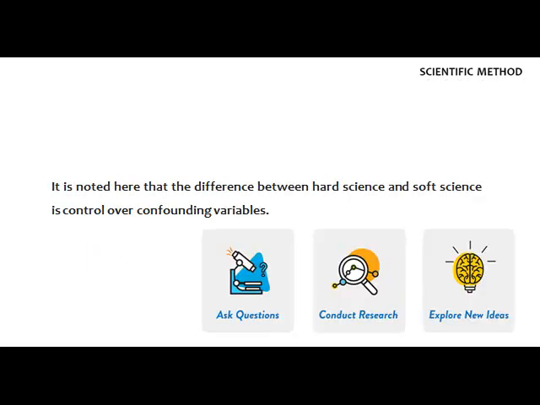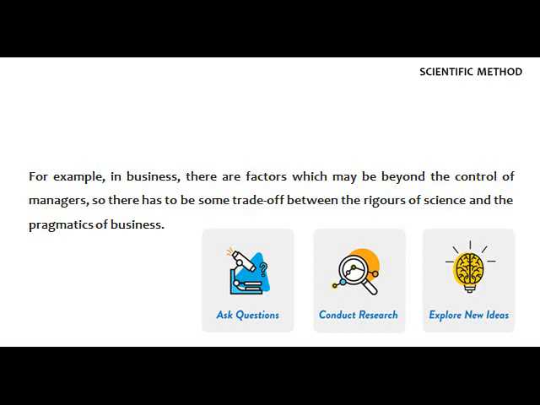It is noted here that the difference between hard science and soft science is control over confounding variables. For example, in business, there are factors which may be beyond the control of managers, so there has to be some trade-off between the rigors of science and the pragmatics of business.